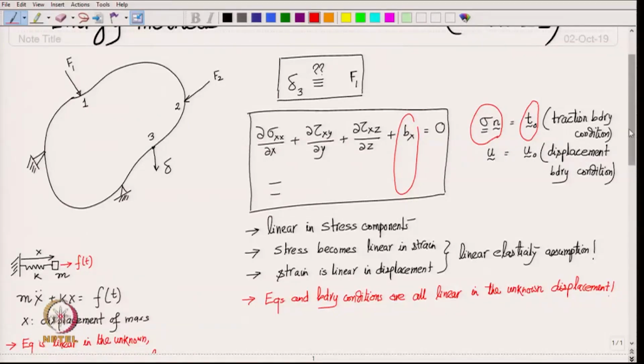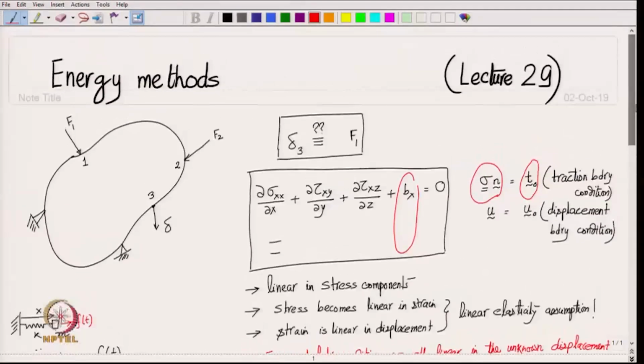Okay. So, coming back to our original problem, what would be the relationship between delta 3, the displacement at point 3 here, and the force that you are applying at point 1, F 1. So, this tells us that delta 3 is simply proportional to F 1. Okay.